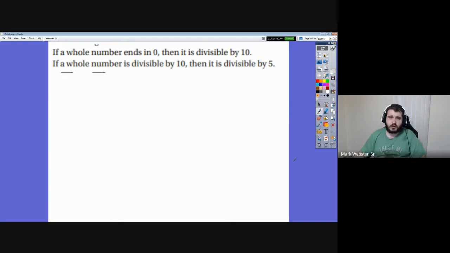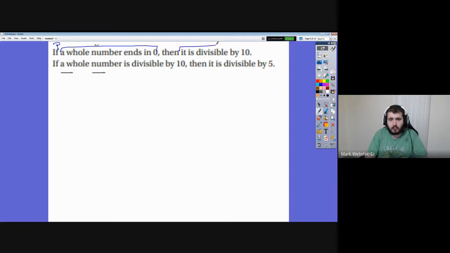Go ahead and give this one a try. If a whole number ends in 0, then it's divisible by 10. If a whole number is divisible by 10, then it's divisible by 5. What is my conclusion? Okay, so let's go over it. So again, a whole number ends in 0. That's going to be our P. It is divisible by 10.